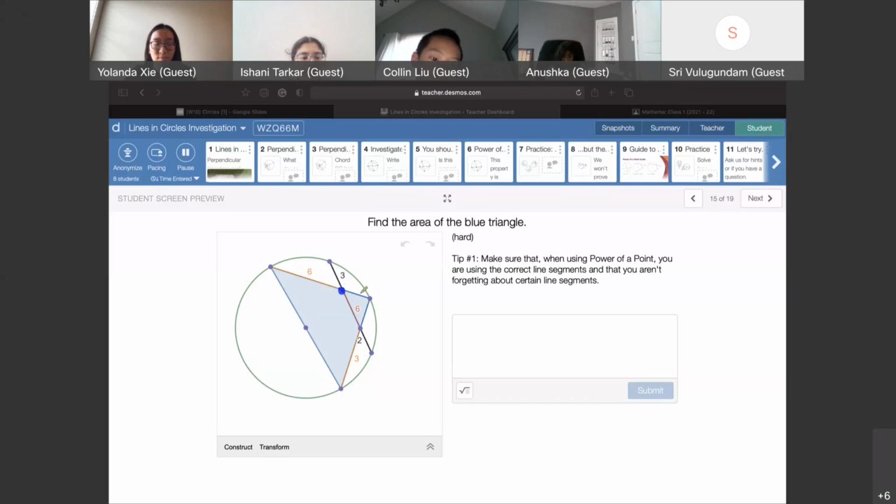You have to take 3, and you have to take 6 plus 2 as the other side length, because the two distances that you're measuring are from that point to wherever the line intersects the circle. So you wouldn't do 3 times 6 times 2, but 3 times 6 plus 2, which is 3 times 8, and you will use that.